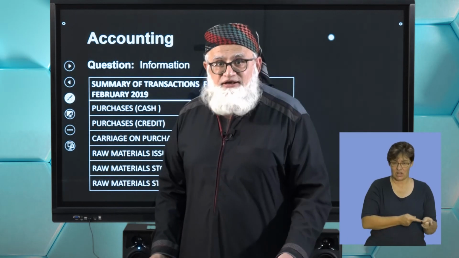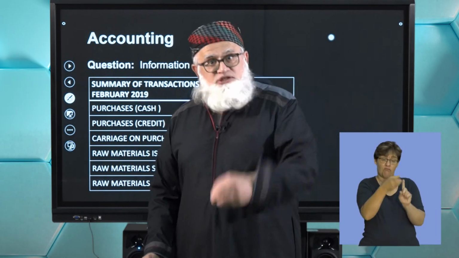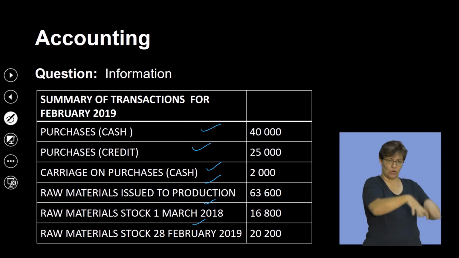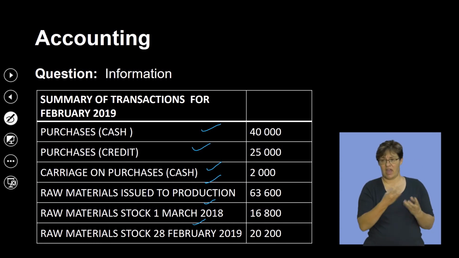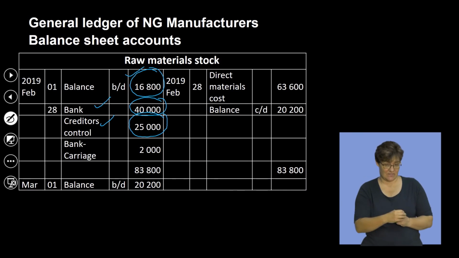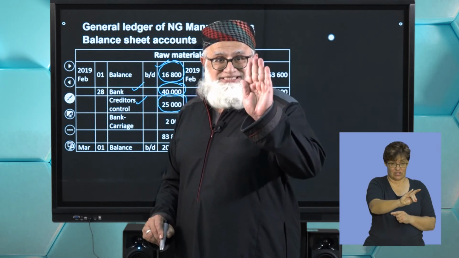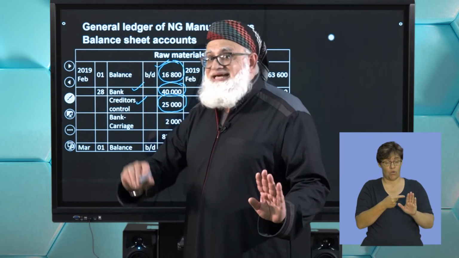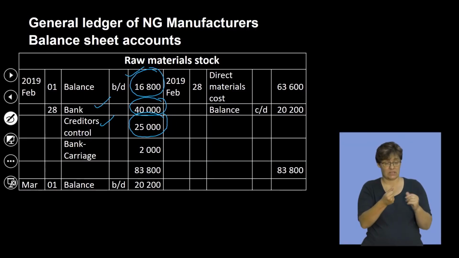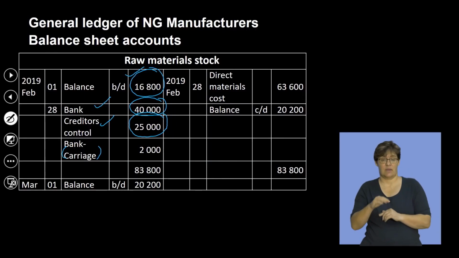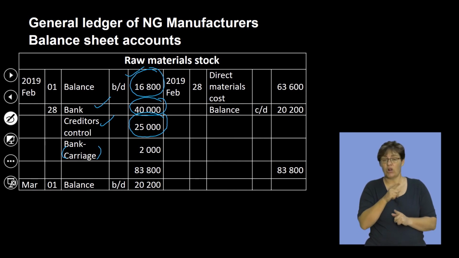So I paid carriage to transfer the goods into my factory, and there we have carriage on purchases, 2,000 Rand. Therefore, you've got your carriage. Now remember, it was paid for in cash, so you debit your raw materials, crediting bank. You can put carriage in brackets just to give you an indication that that was the carriage that you paid for, and that's your 2,000 Rand.